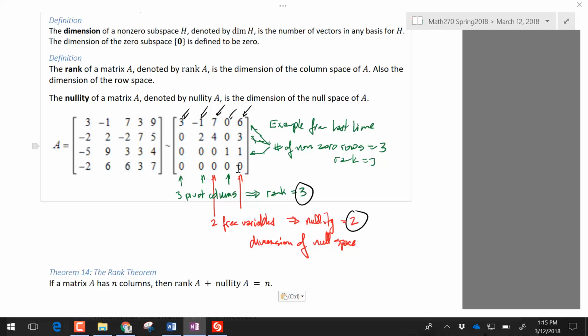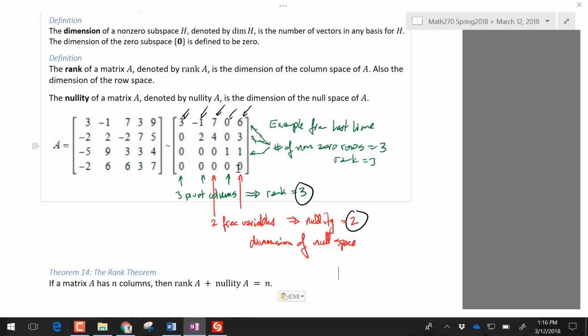Even in this example, for the column space you're in 4 dimensions. You could have a rank of 3, so you essentially have vectors that cover a 3-dimensional space within that 4-dimensional space.